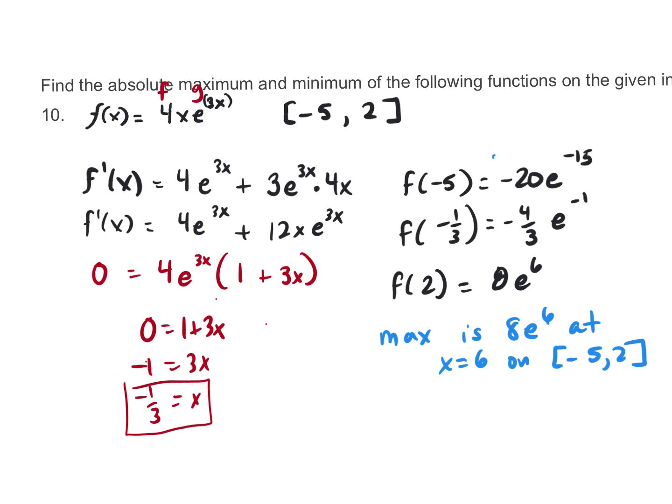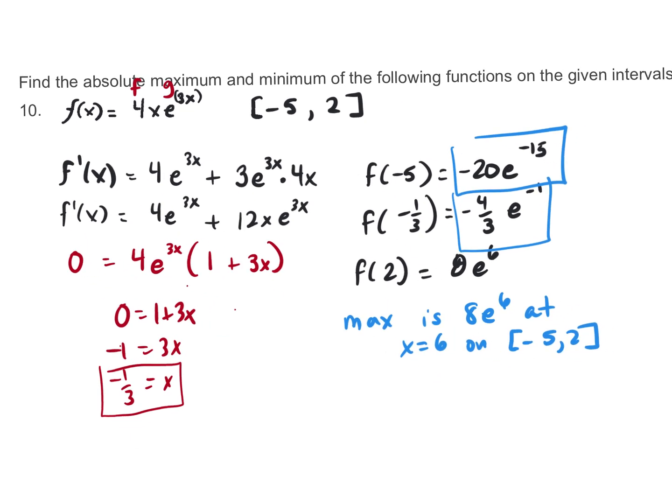Now for these two, we kind of have to figure out which one is smaller, because we want the min. They're both negative, so obviously one of those is going to be the min. So I put these in the calculator, and this one gives me something that's super, super close to 0. It's negative 0.00006, there's more zeros in between, a ton of zeros.